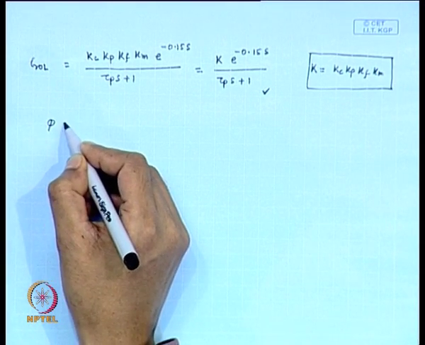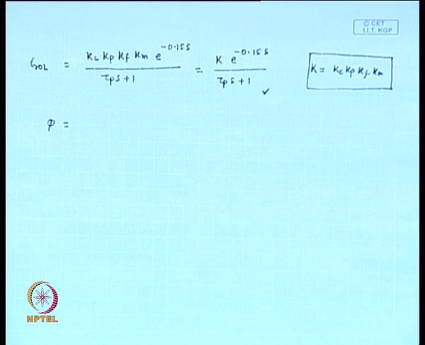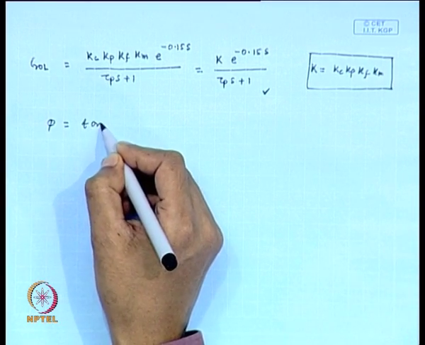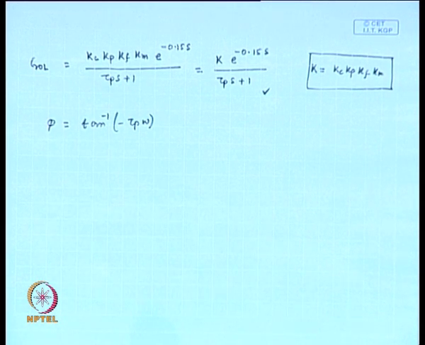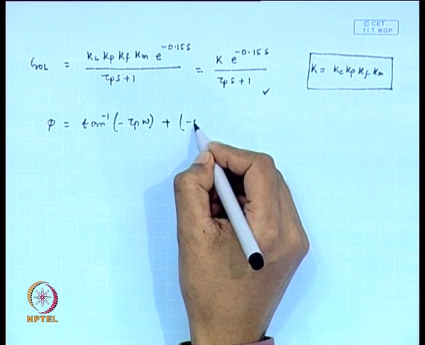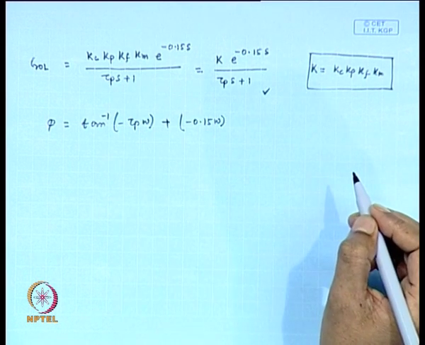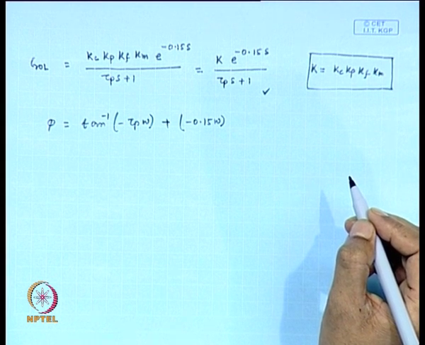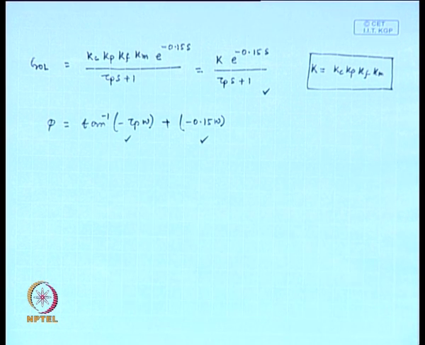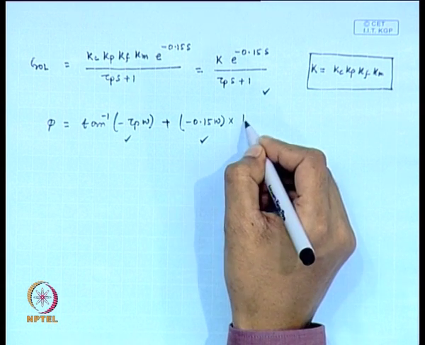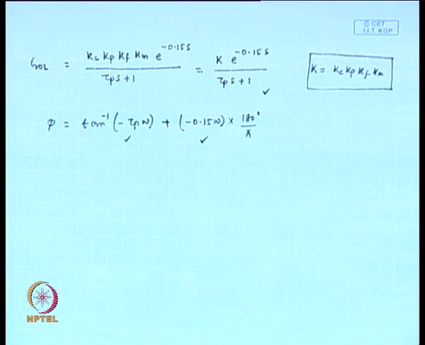Now, what will be the expression for phi? Phi will be tan inverse of minus tau P omega. This is for the dead time free part, and for the dead time part the phi will be minus 0.15 omega, fine. Now, we can multiply with 180 degree divided by pi.